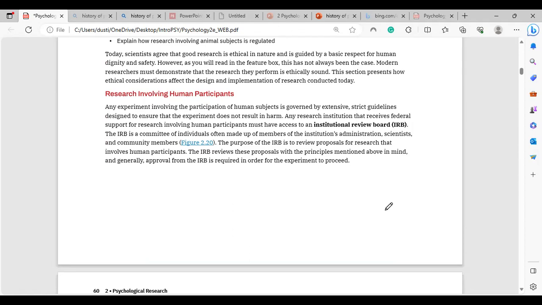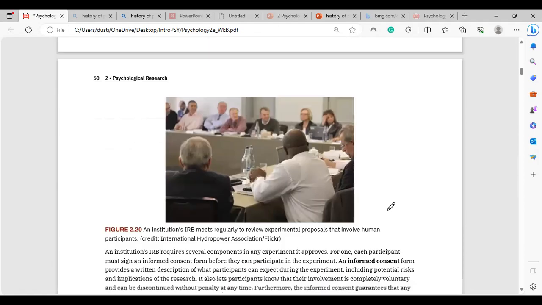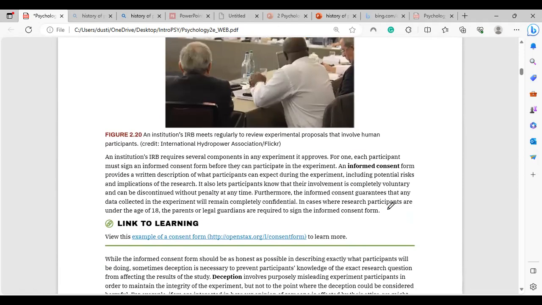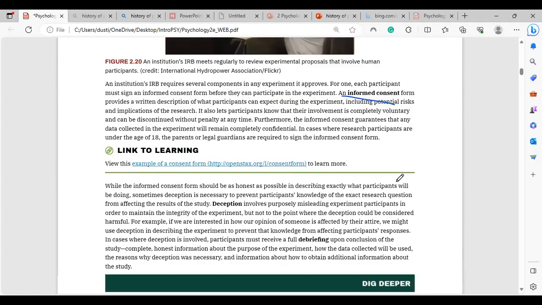Especially if you're getting support at a federal level, there's a way you have to go about doing things. There are steps you have to take, and in the world of psychology there's a lot of discussion. There's going to be informed consent, information.